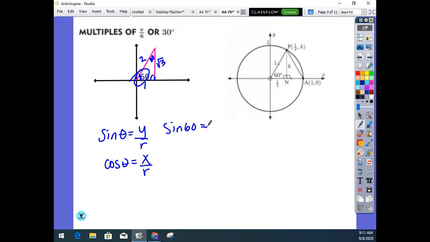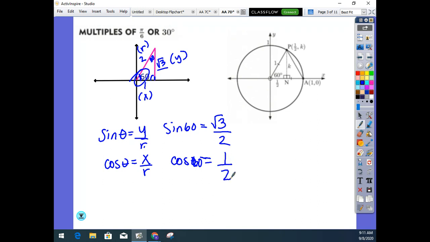So sine of 60 is y over r, square root of 3 over 2. So if it helps, x, y, r. The more you write this out, it just gets into your head. Cosine of 60 is the x, 1, over the r, 2.